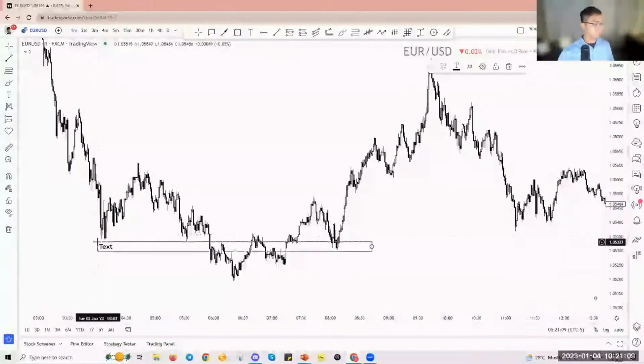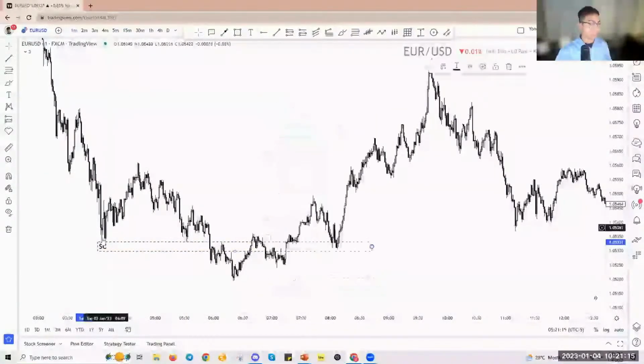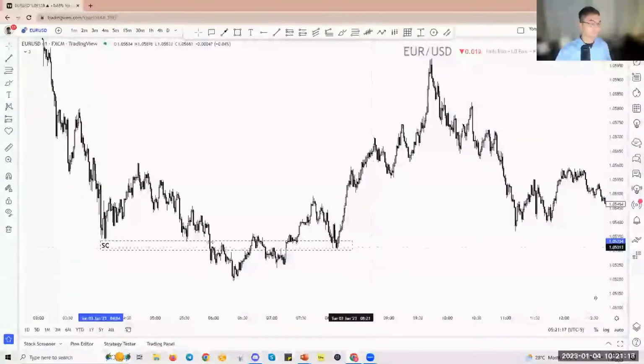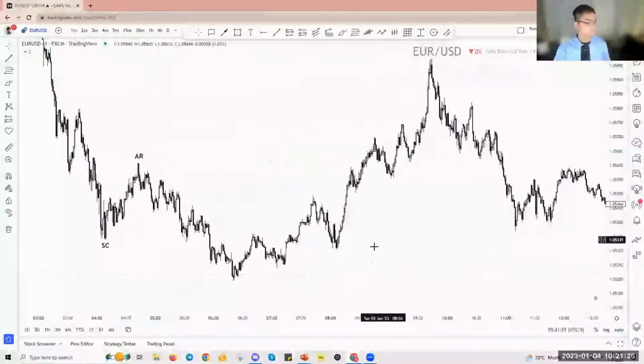Right here, we have the selling climax. You can just look at the screenshot that I've sent in already. Selling climax. Next, following the schematic, the automatic reaction.